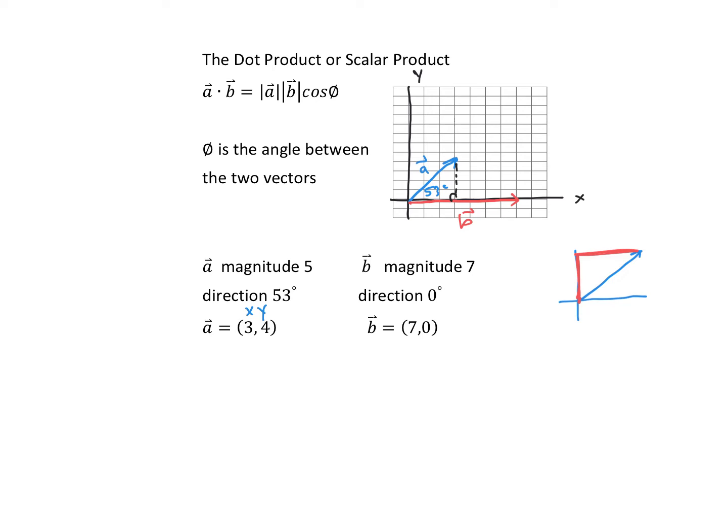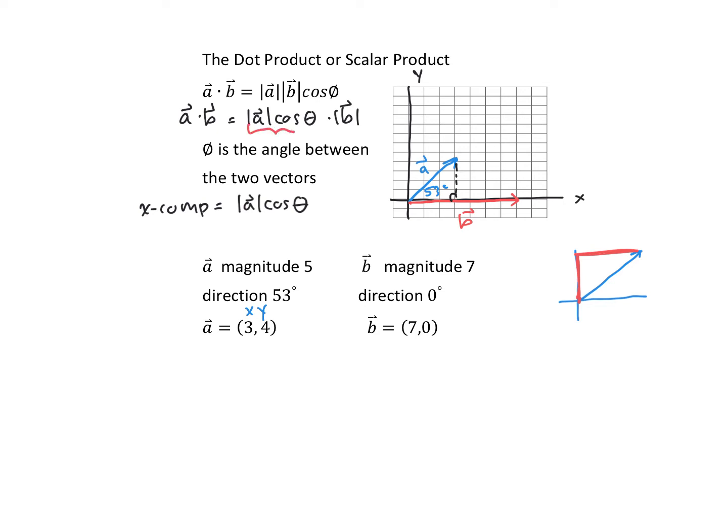The component that's parallel to B would be the x component, which is adjacent to the angle, so to find the x component we take the magnitude of A and multiply it by cosine of the angle. You'll see that here if I rearrange this formula: magnitude of A times cosine of theta times magnitude of B is what we're doing.